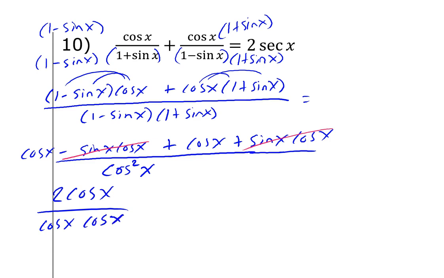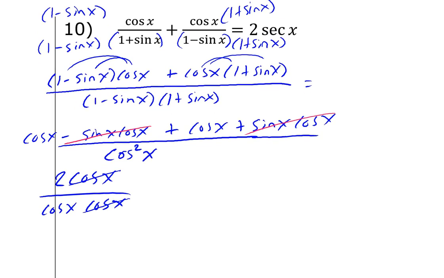Okay, and just to make it obvious what's happening, cosine squared, of course, is cosine x times cosine x, right? That's my cosine squared. I just wrote it that way to make it obvious that these are just going to cancel each other out. So that's going to equal 2 over cosine x, which is the same thing as 2 times 1 over cosine.